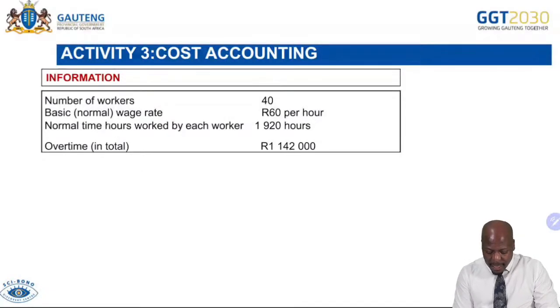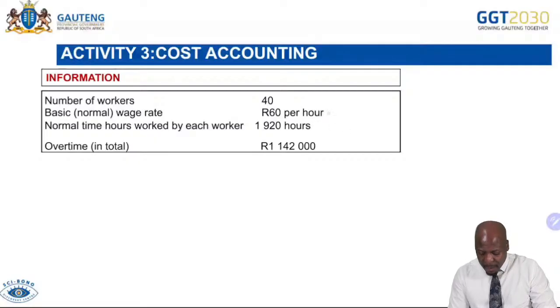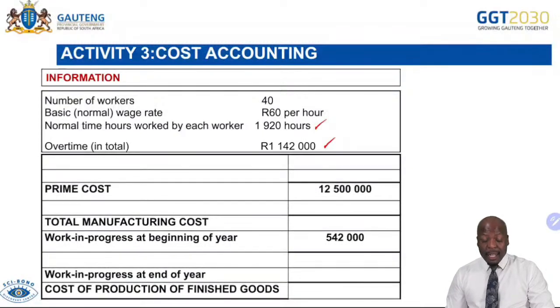Then there's the basic or the normal wage rate of 60 Rand per hour. And then the overtime hours worked by each were 1,920. Then the overtime in total is 1,142,000.